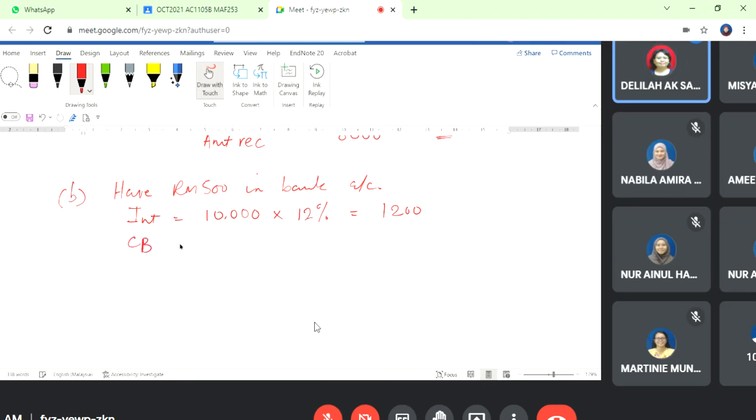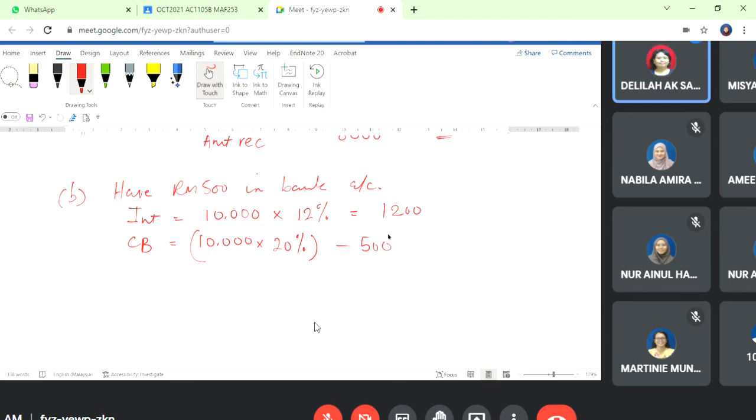However, the compensating balance will have to be adjusted. Just now we said that the compensating balance must be 20% of the borrowed amount. Now you have 500 ringgit in the bank, so minus the balance that you have. This is 2,000, the required CB.